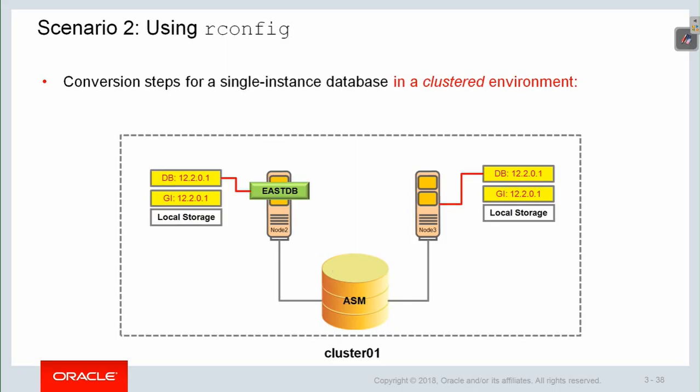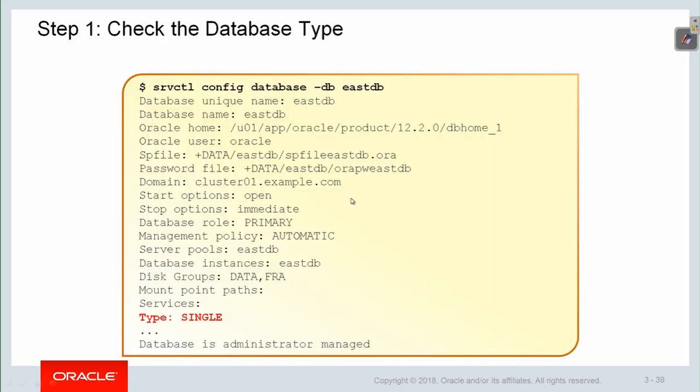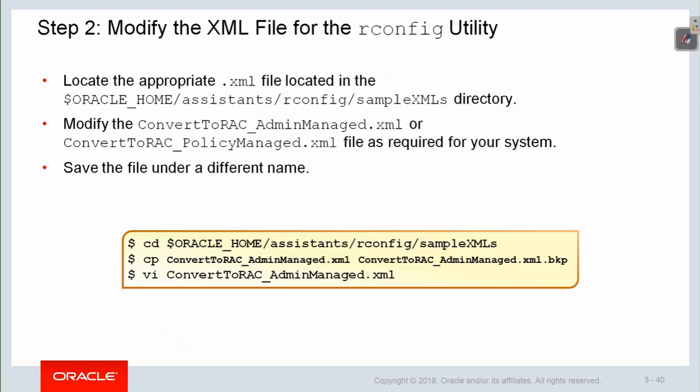That's what I want to do. In this case, we can use the rconfig utility. By using the srvctl config database command, you can check your database type. In the clustered environment, I have a single instance database, so I can verify my database type.